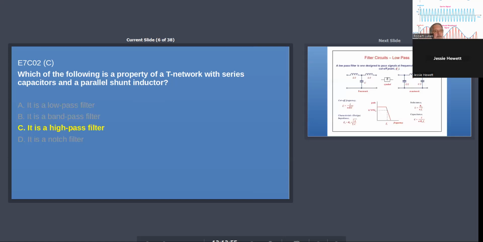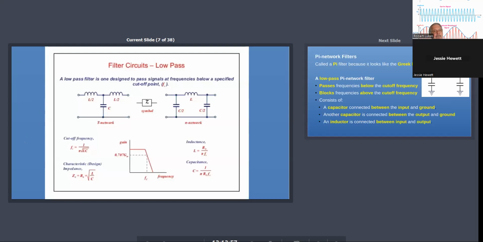So now we have low pass, same configurations, T's and pi's, and all we did is swap capacitors and inductors, because inductors increase their reactance with frequency. So if the inductor is in series, the higher the frequency, the more it's going to block the signal.